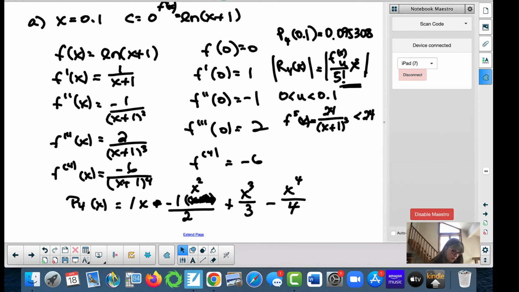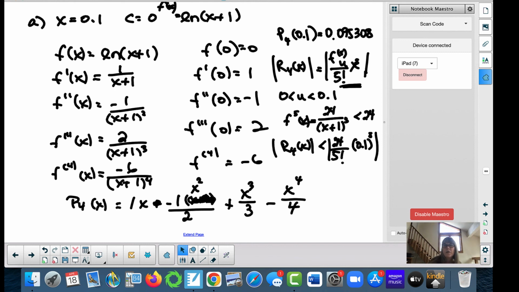So we know that that remainder has to be smaller than 24 over 5 factorial and then 0.1 to the fifth. So I'm just plugging in everything into here.